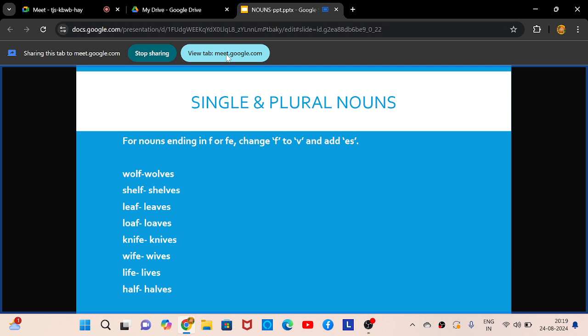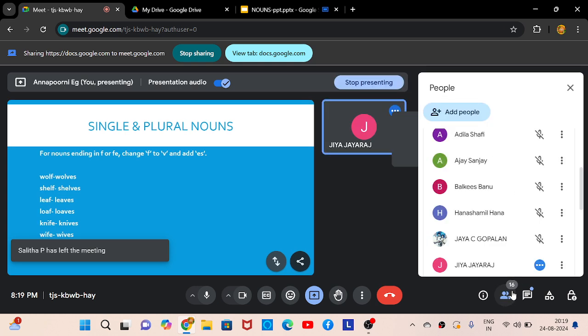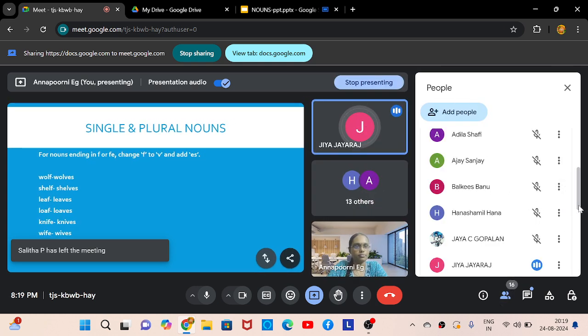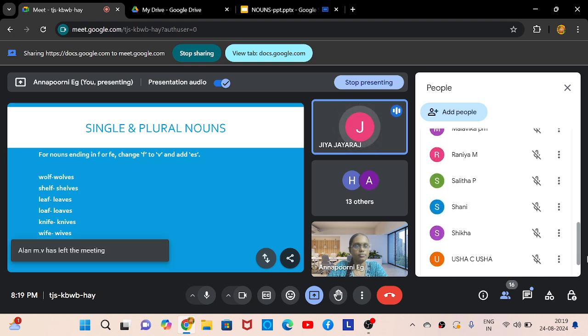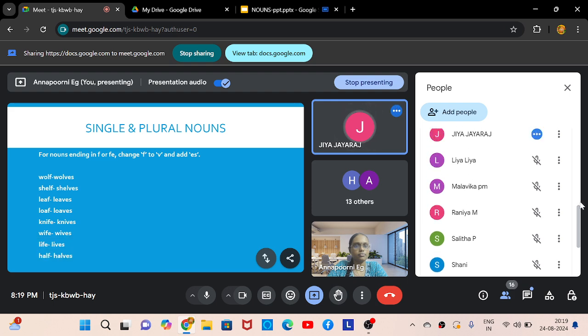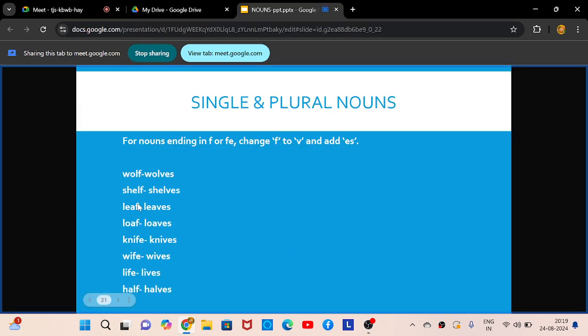Jia, can you read these examples? Wolf, wolves, shelf, shelves, leaf, leaves, loaf, loaves, knife, knives, wife, wives, life, lives, half, halves. Okay, so wolf, shelf, leaf, loaf all end in f.